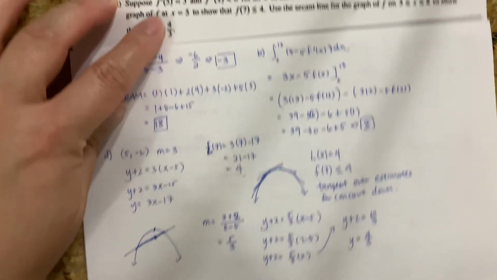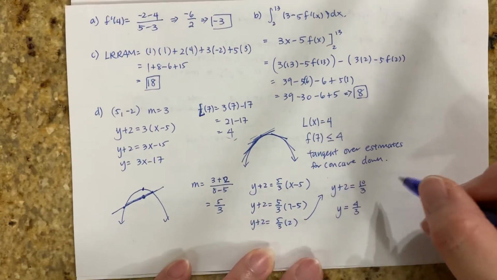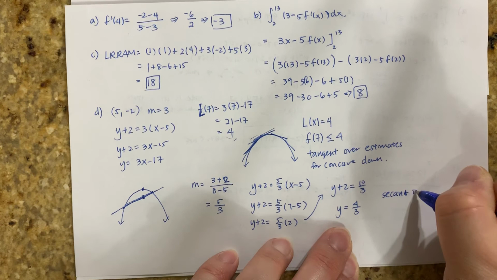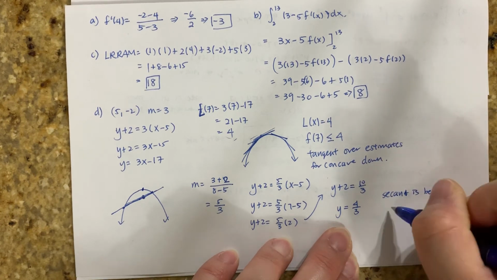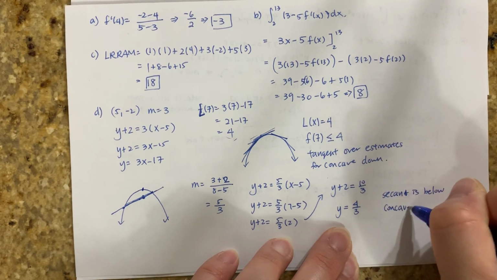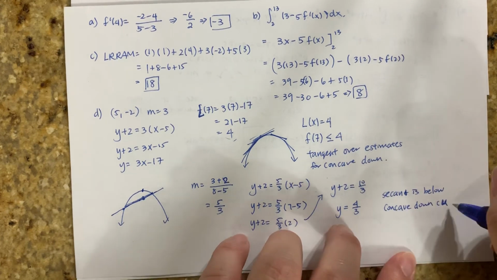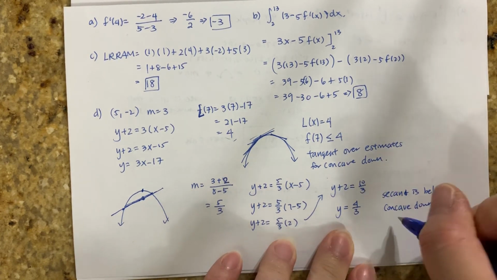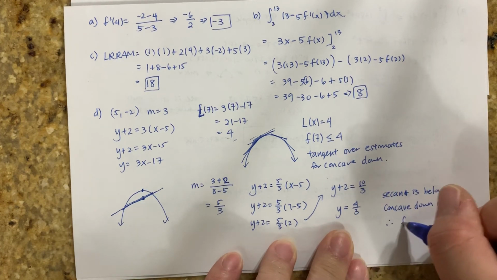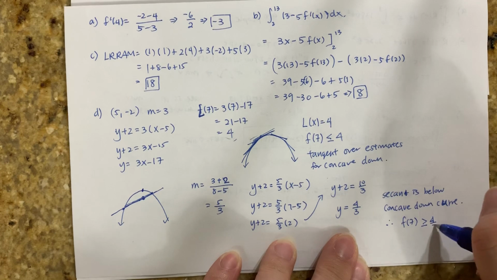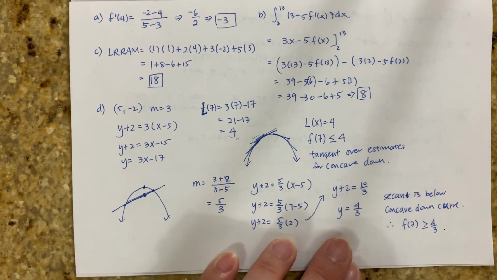So the secant is below a concave down curve. Therefore, f of 7 is greater than or equal to my secant value, 4/3.